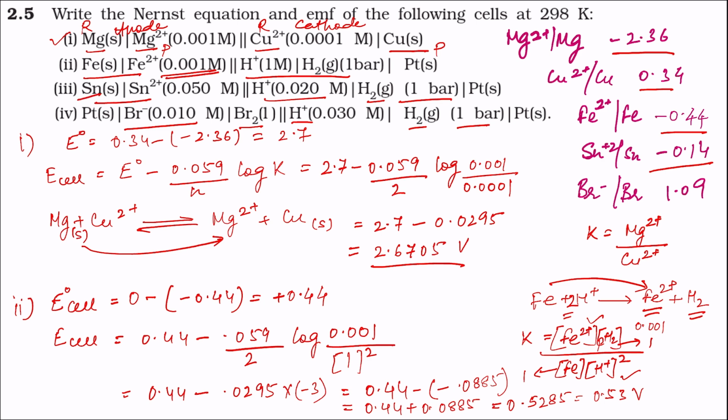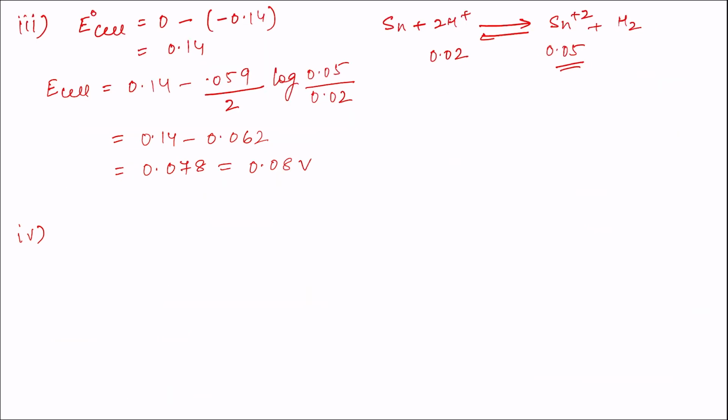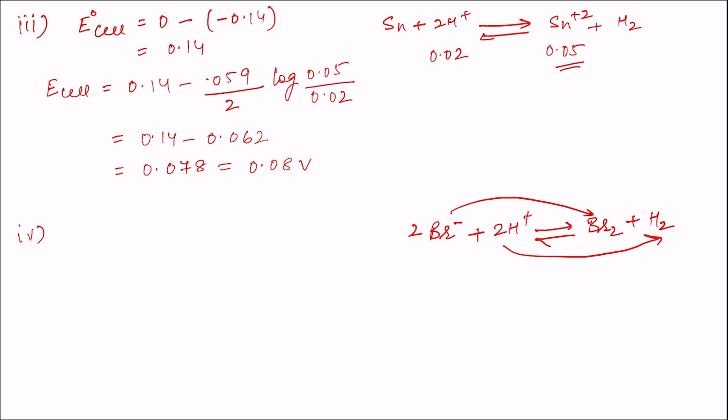In the fourth question, bromide ion changes to bromine and H+ to hydrogen gas. Again hydrogen cathode and bromine anode. So 2 moles of bromide ion plus 2H+ will form bromine gas plus hydrogen gas. Bromine is getting oxidized and hydrogen is getting reduced, and number of electrons involved is 2.